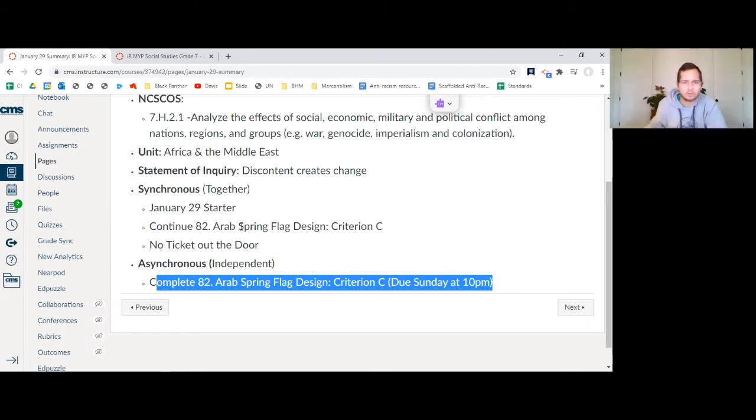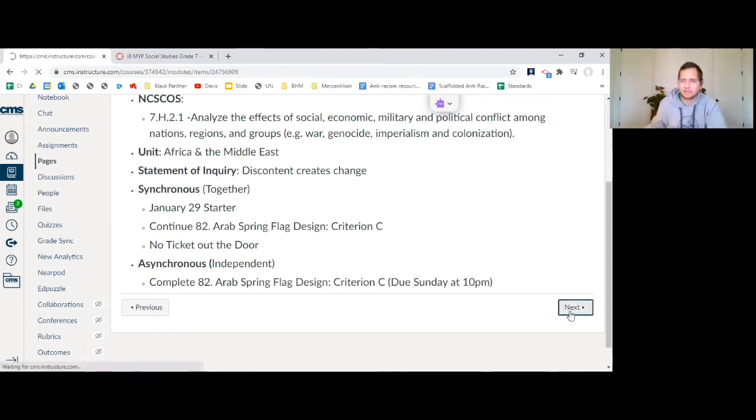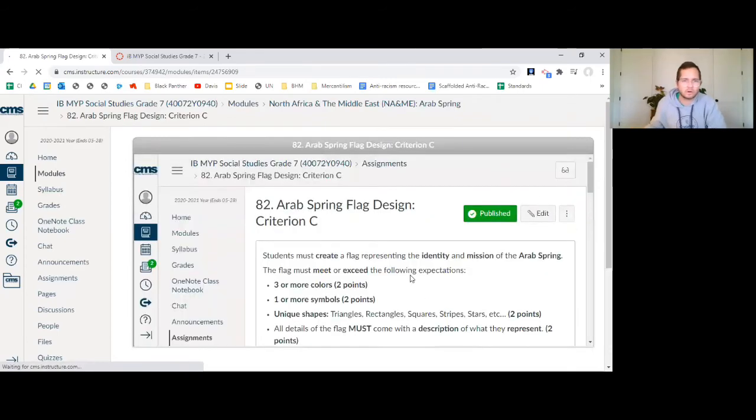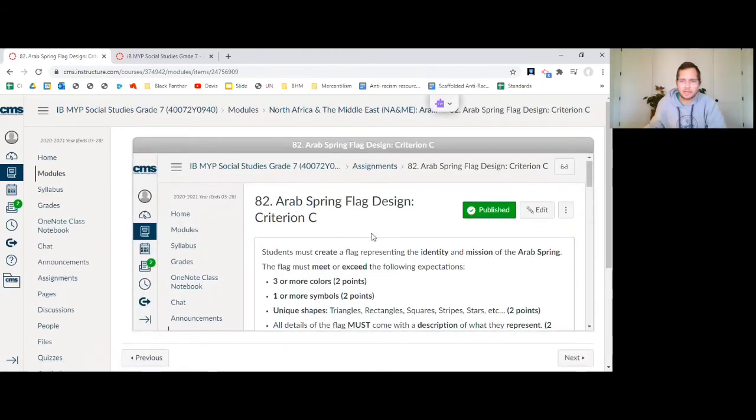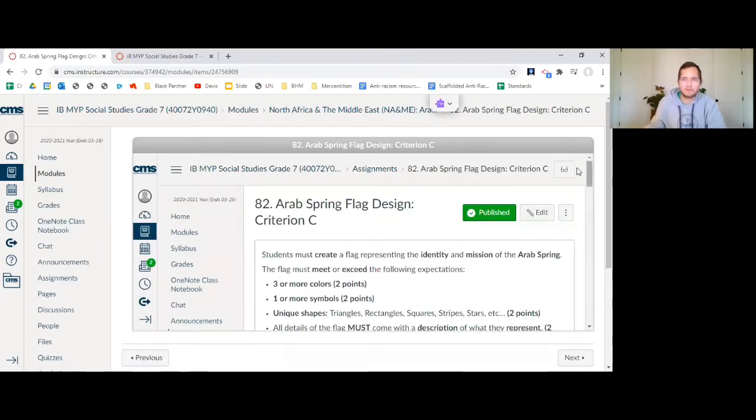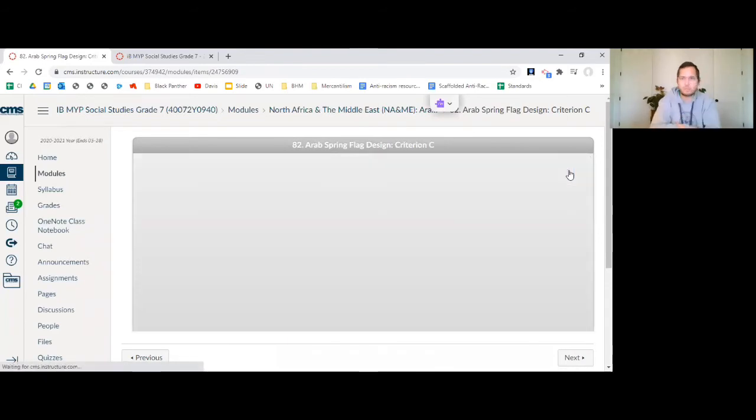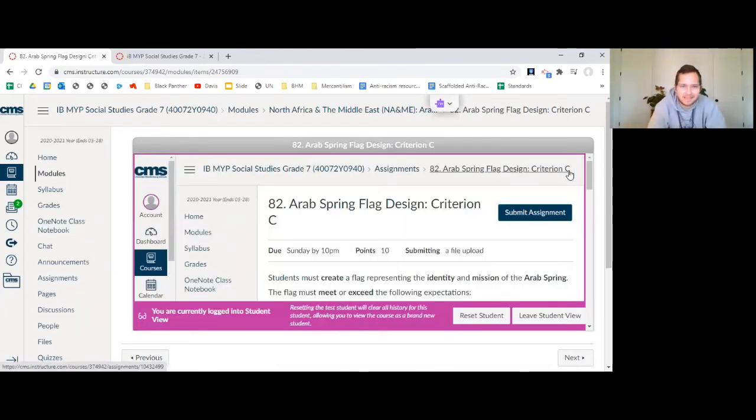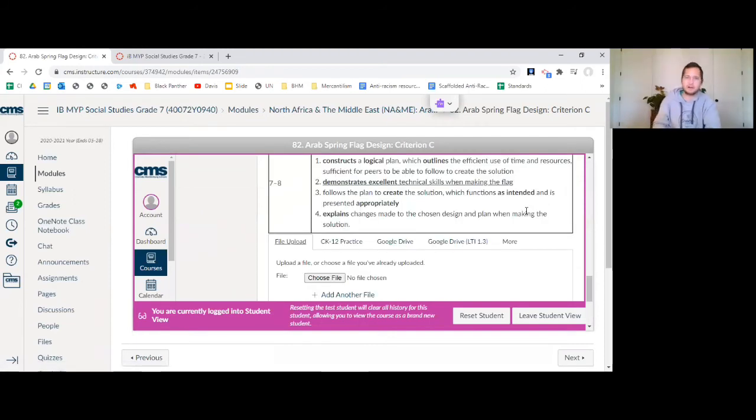Let's go to that page again as another reminder, and then you'll have the rest of the time to work on this. For whatever reason, it embeds it in here. To submit this assignment, make sure that it is a file.